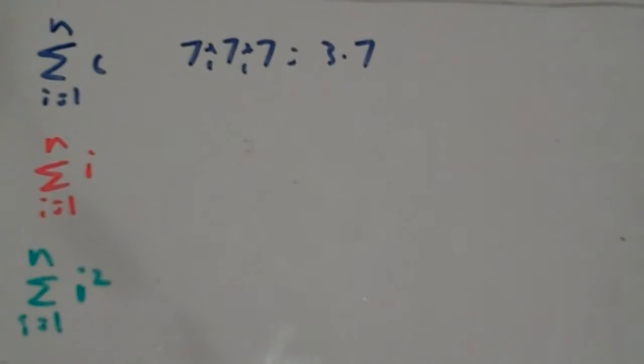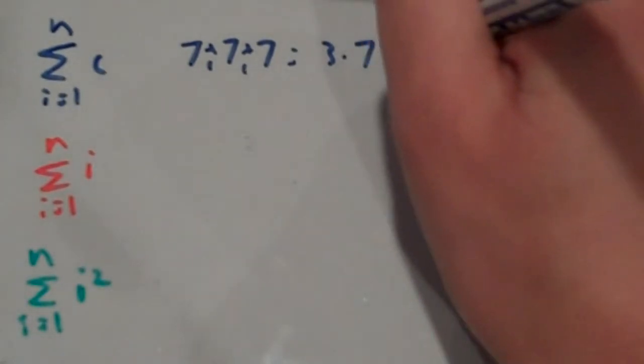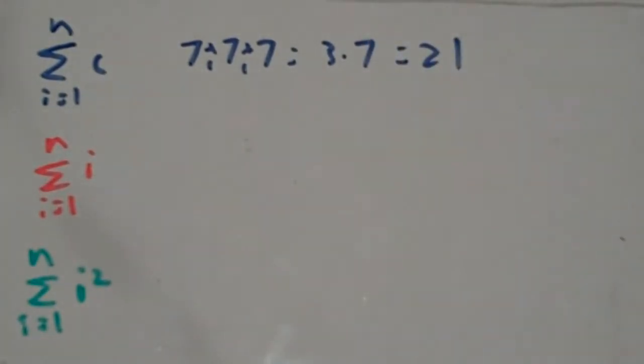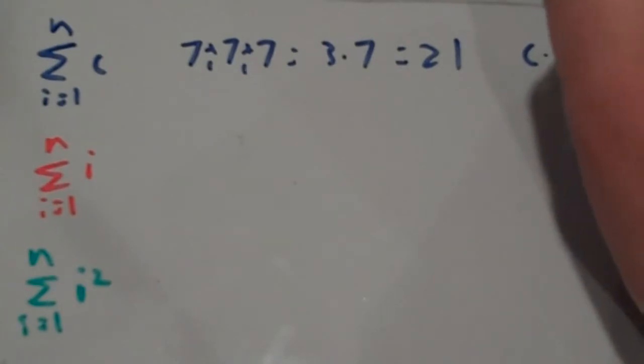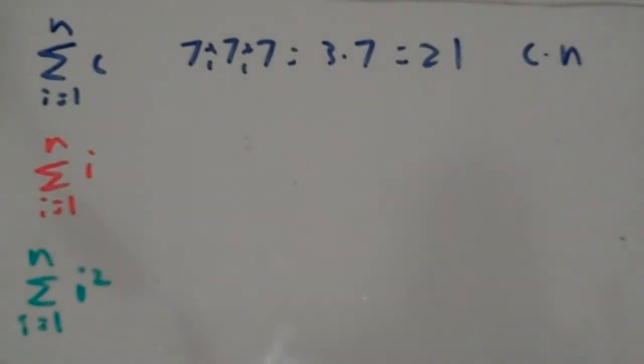If you know what multiplication is and how it works, I shouldn't need to explain this much further. But nevertheless, that equals 21. So that is our first summation formula: a constant times the number of terms, or our n, which, as you remember, n is the number of terms as well as the last term. I covered that earlier.